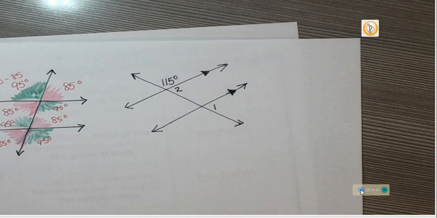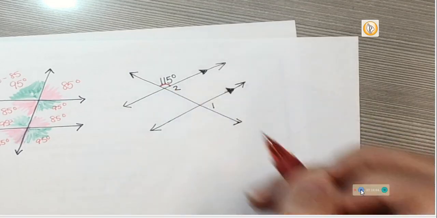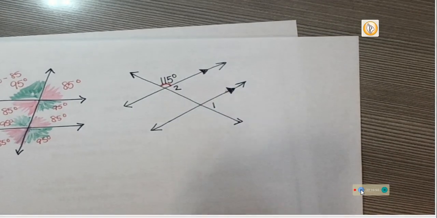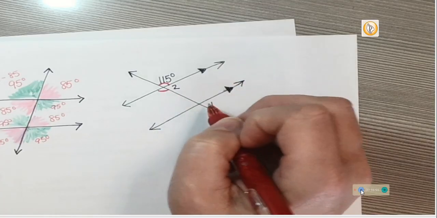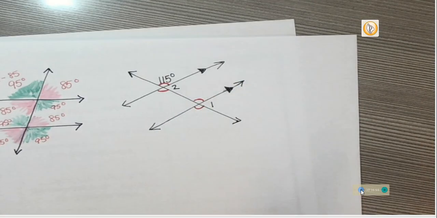Here's what I would do. I know that this is 115 degrees. I'm going to zigzag using my vertical angles and my corresponding angles, and I'm going to find everything that is also 115 degrees. Zigzag across the transversal, zigzag across the transversal, zigzag across the transversal.